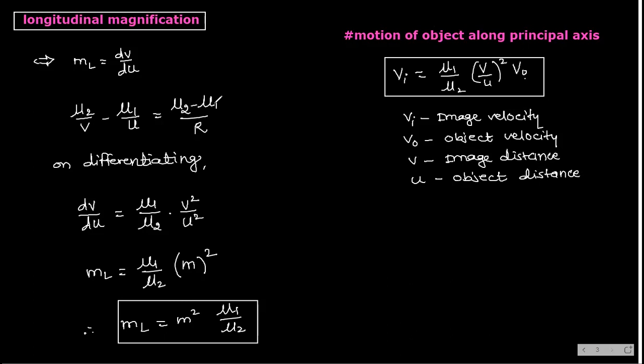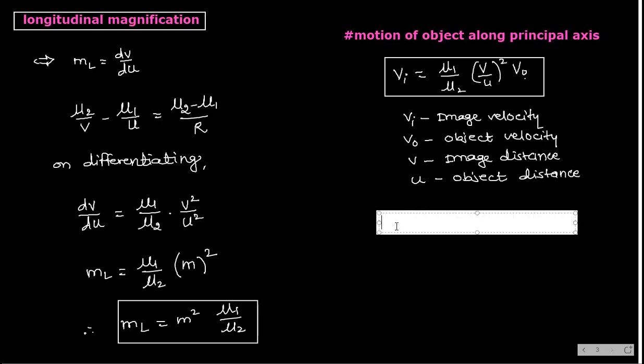Next one, motion of object perpendicular to the principal axis. क्या है next one?